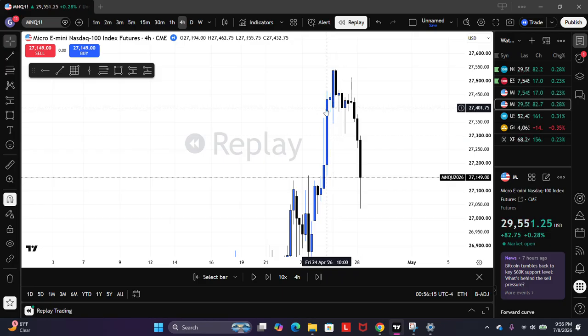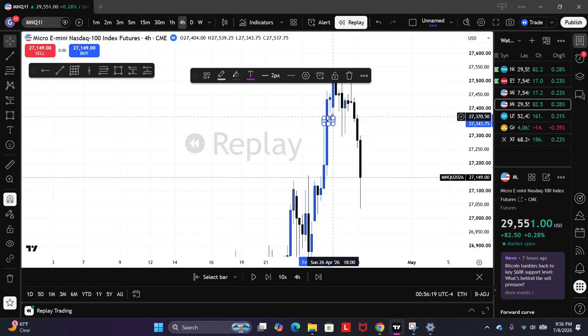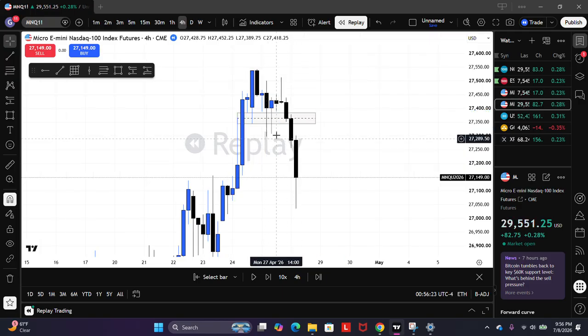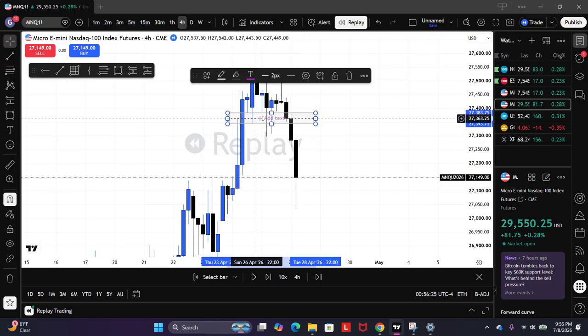On the 4 hour, we've broken structure. We have displaced through this fair value gap, displaced through this fair value gap, not holding this bullish fair value gap. We have market structure shift and break of structure on the 4 hour.